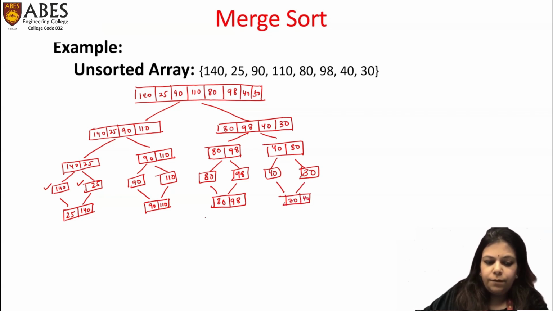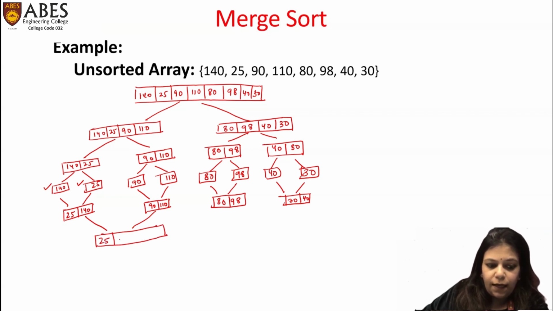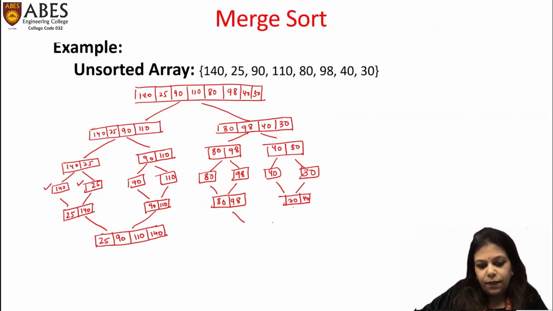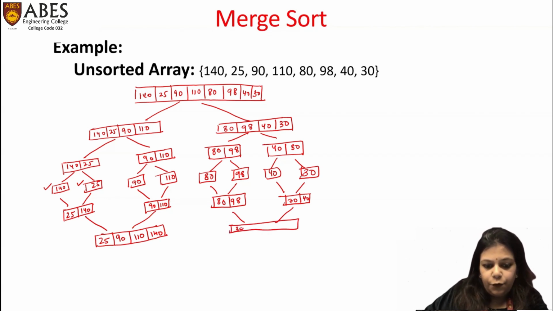Again, we will merge these two sorted arrays and we will get a resultant having 4 elements such that the resultant array will be sorted. So we will get 25, 90, 110 and 140. And over here we will get one array with 4 elements 30, 40, 80 and 98.